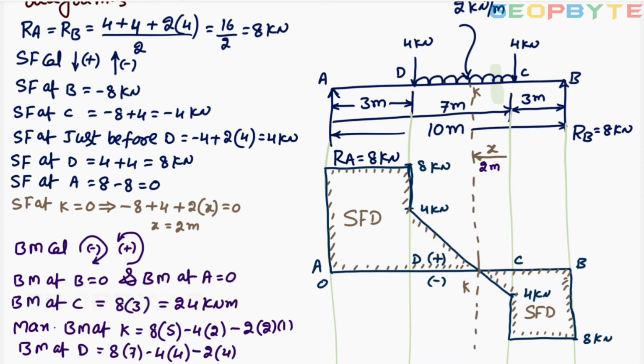Assume that point load is acting at the middle of the CD. The distance from middle to D, that is 2 meters.